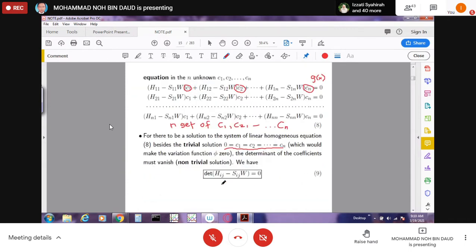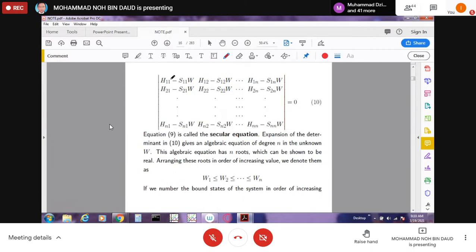So we have a second kind of solution, the non-trivial solution for these n simultaneous linear homogeneous equations, where the determinant of the coefficients equals 0.